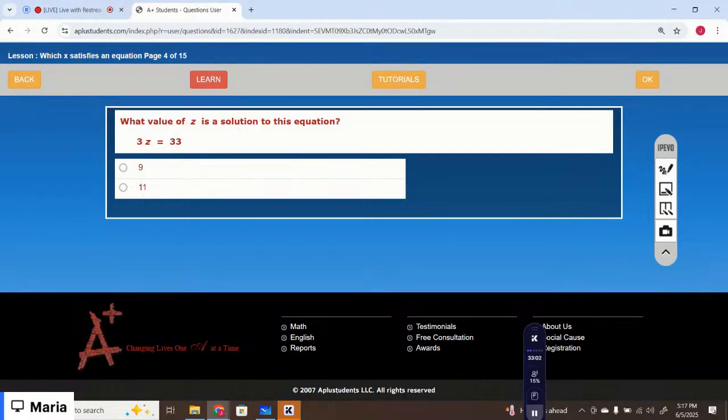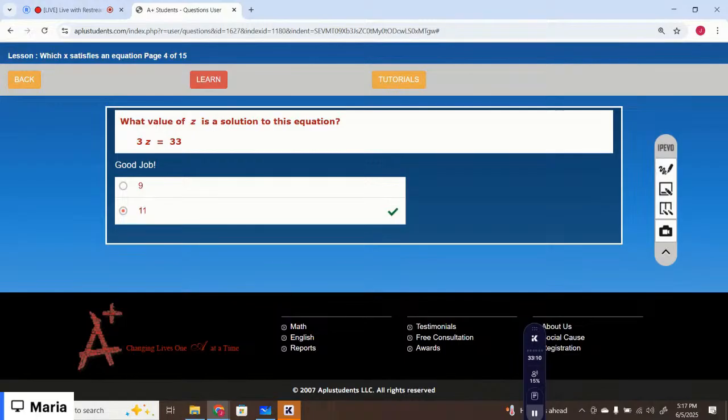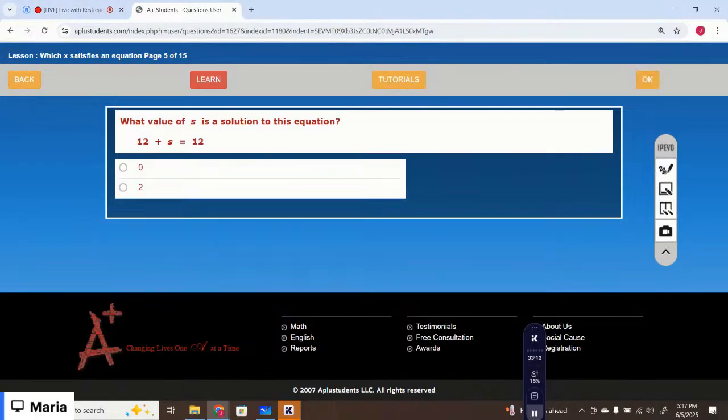The correct option is option number 2. 3 times 11 equals 33. So option number 2 is the correct option.